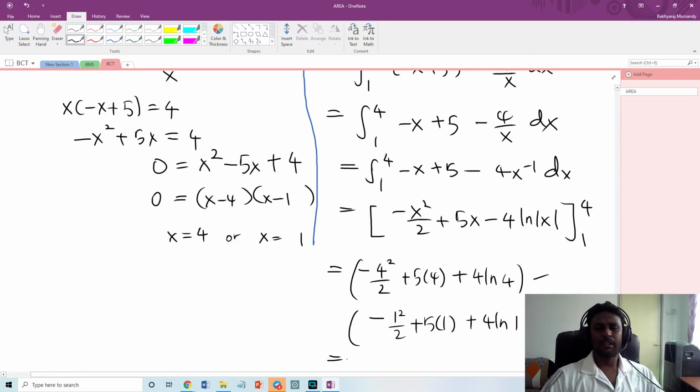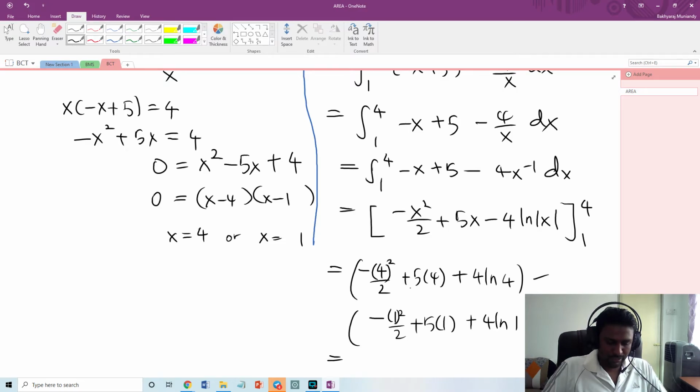Better you do programming. So minus 1 over 2 x square plus 5x minus 4, you use ln x.